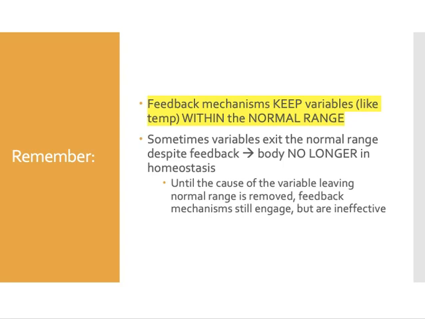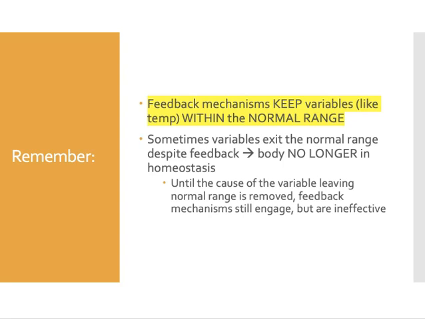Before we finish today, there are a couple of important points I want to really reinforce with you. Remember, feedback mechanisms keep variables like body temperature within the normal range. Remember, this is all about homeostasis, maintaining a relatively stable equilibrium.